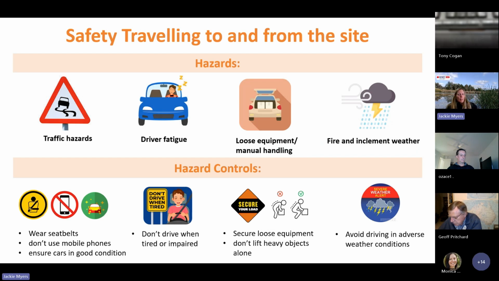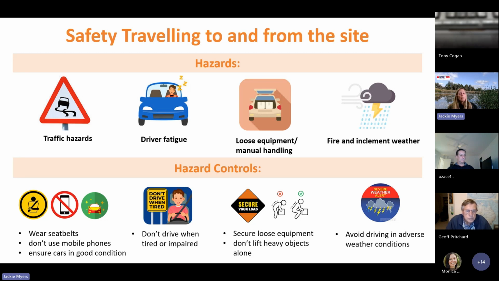Our first safety considerations really focus on travelling to and from your sampling sites. This can be one of the more dangerous components of field work. Key hazards in terms of travelling to and from the site include traffic hazards, which can involve conditions of vehicles, other road users, conditions of the road, that sort of thing.